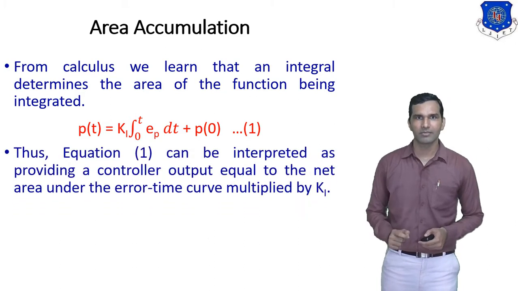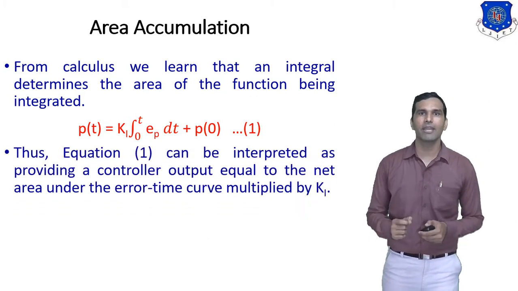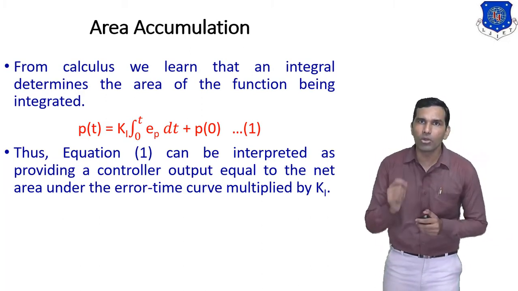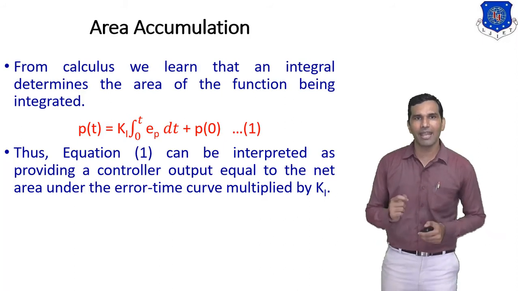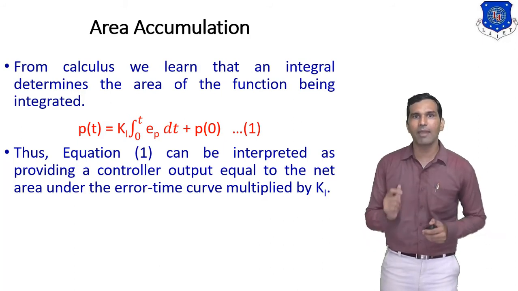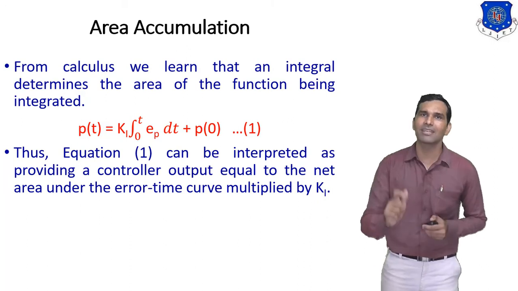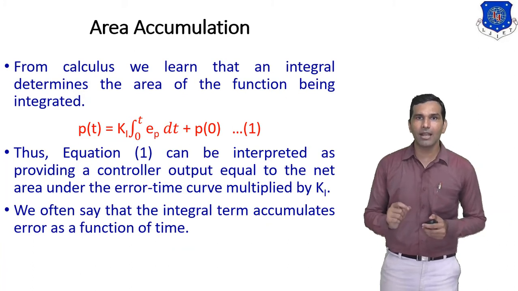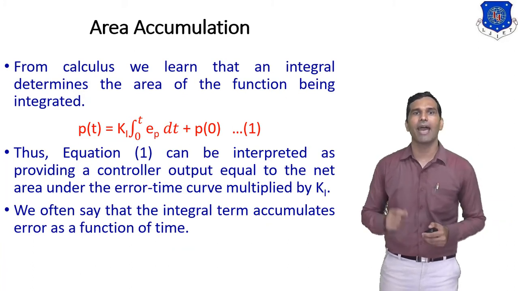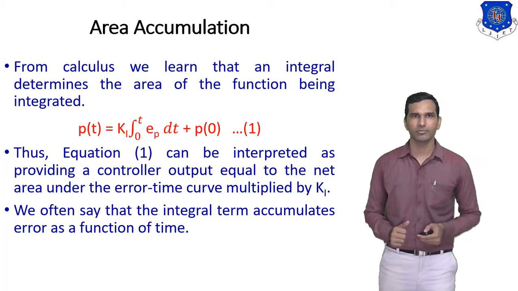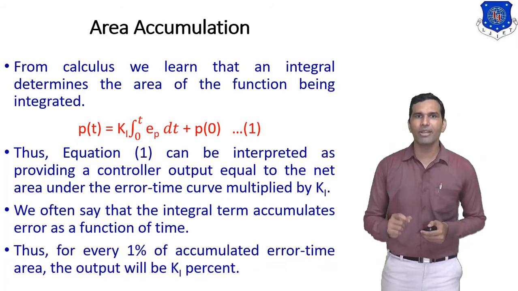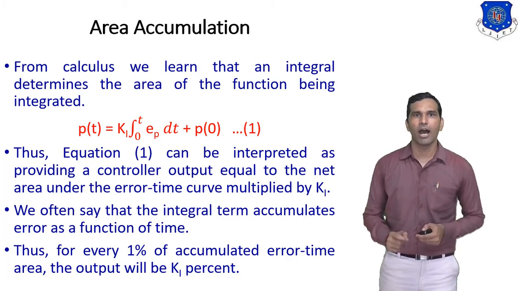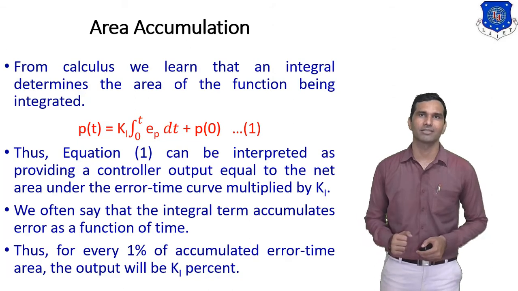Thus equation 1 can be interpreted as providing a controller output equal to the net area under the error-time curve multiplied by Ki. We often say that the integral term accumulates error as a function of time. Thus, for every 1% of accumulated error-time area, the output will change by Ki percent.